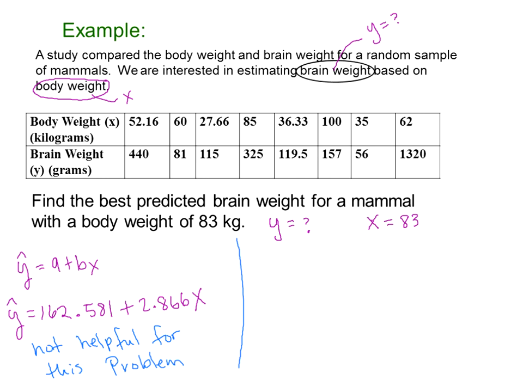The best predicted value is the mean of your y's, and that's because there's no significant correlation. Since there's no significant linear correlation, I have to use the mean of the y's to predict.